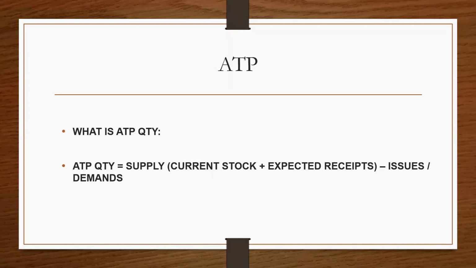You can say that first it will do backward scheduling. If the material availability date falls below the current date, then it is fine. Otherwise, if it crosses the material availability date, after adding lead times, it will go for forward scheduling.